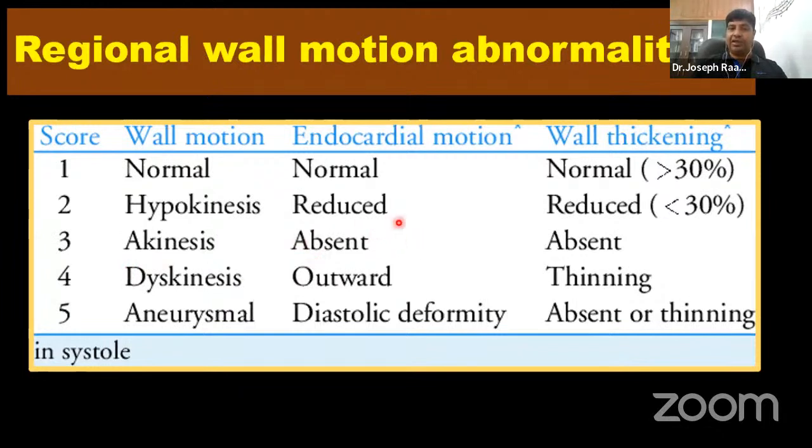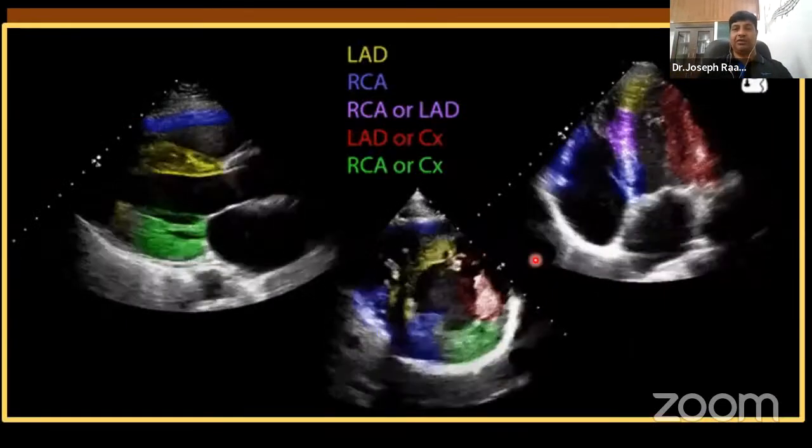It not only doesn't move, in fact, it moves outside during systole. Instead of coming towards the center, it's just going outward, and the wall becomes thinned. It's called dyskinesis. And if the dyskinesis is permanent, it's an aneurysmal deformity. Once you know this nomenclature, then you can find out how to pick up the regional wall motion abnormalities.